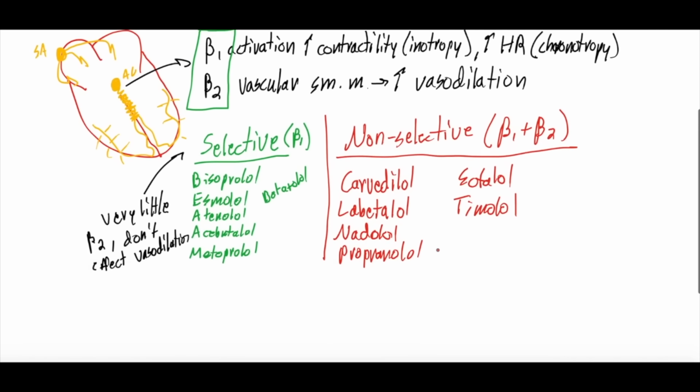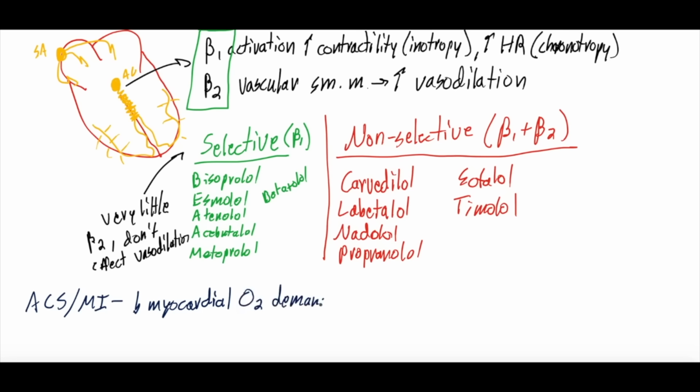When we talk about what they're used for, we primarily think about them for a few things. One, after acute coronary syndrome or myocardial infarction, they are started because they decrease myocardial oxygen demand, right, by decreasing heart rate and contractility. We also use them for tachydysrhythmias, right? They're an antiarrhythmic.